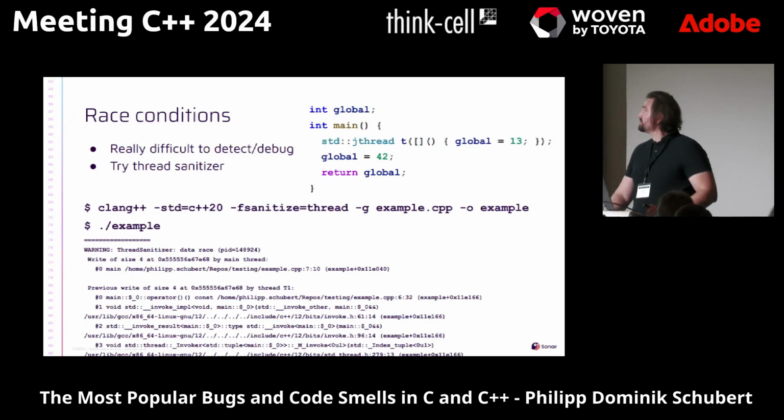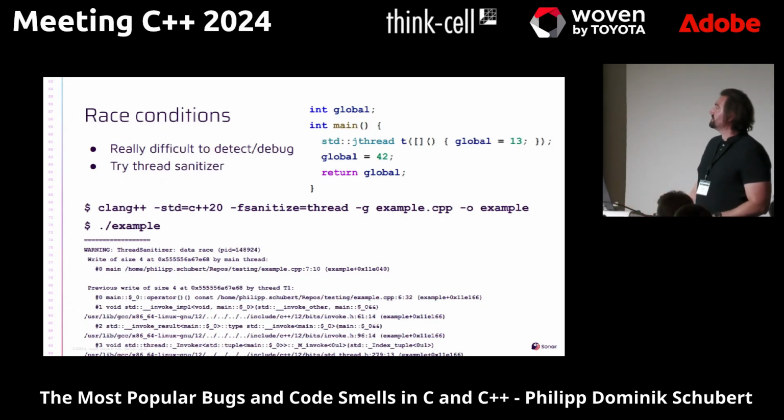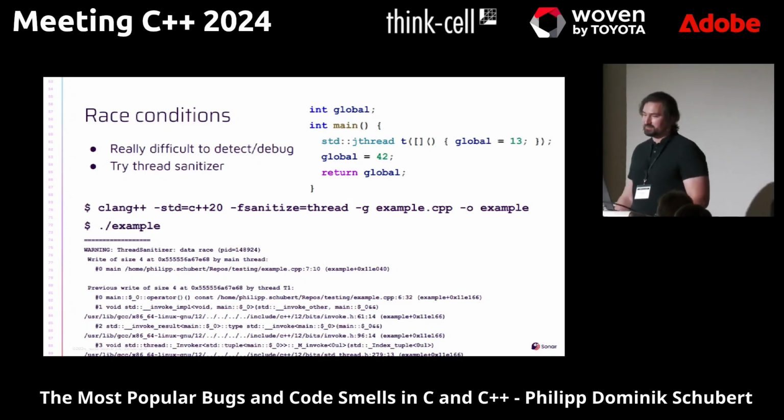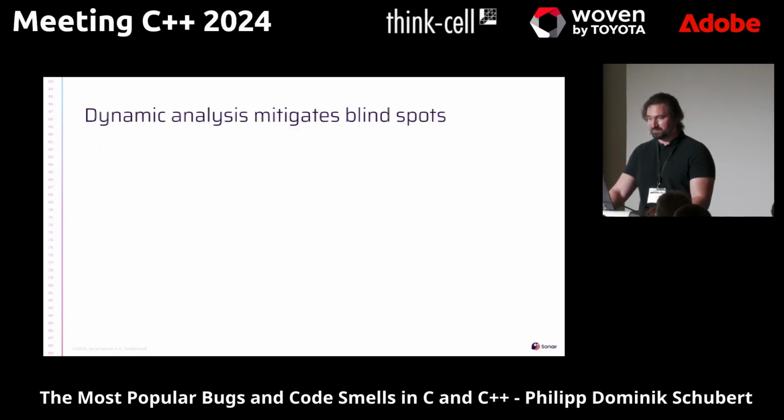So instead, you can also use another sanitizer, which is the thread sanitizer. You compile your program again, run it, and it will tell you, hey, I found that data race here. And it will tell you whatever the threads did that led to the race condition. So that is also quite handy to detect and fix those race conditions.